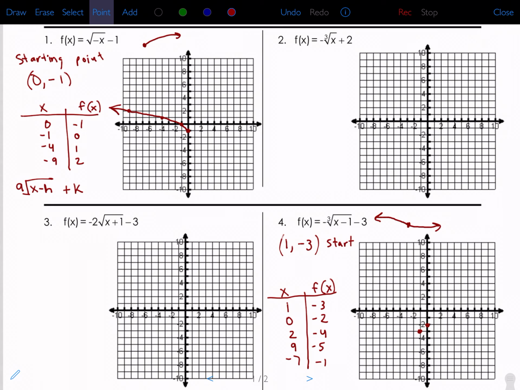Let me look at this again. So starting point was, well, that's what's wrong. Wait, so no, that's not our starting point. So 0, -2, that's right, and we have 1, -3. That's right. And then 2, -4. That seems wrong. Let me go back and look at my table.